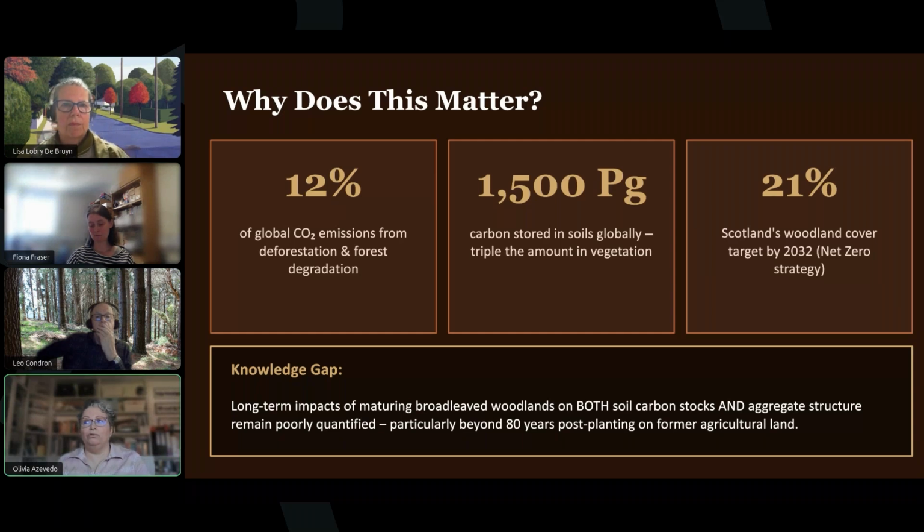What we don't know well is how that carbon is distributed through the soil profile, how it changes over time across a full successional sequence, and whether the physical structure of the soil, which we often use as a proxy for carbon health, is actually telling us anything useful. Next, please.